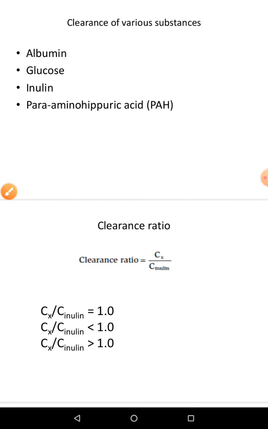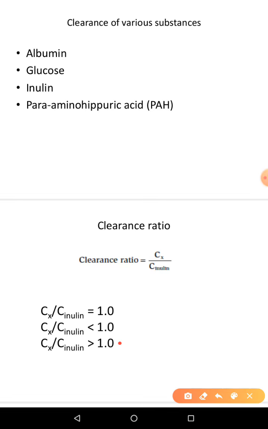And then this other ratio: what about if you find that substance X, when you compare the clearance, is greater than 1? The clearance of X is higher than the clearance of inulin. So the substance is filtered and secreted. An example of substances whose clearance is higher than that of inulin are organic acids and bases.